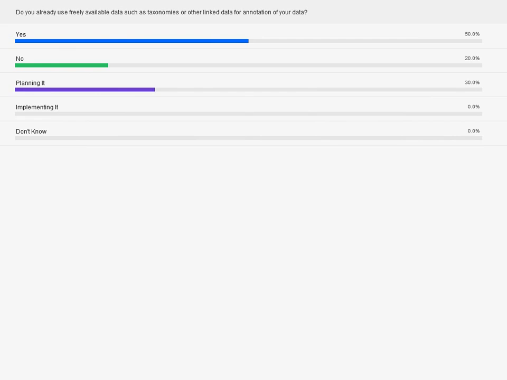Yeah, I think that shows that people are aware of the fact that they can make use of existing taxonomies for describing their data and to make it interoperable with other data. On the other hand, I think the poll shows that many people are at least planning it.